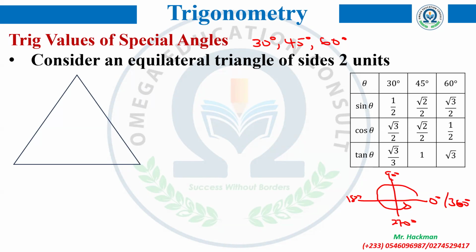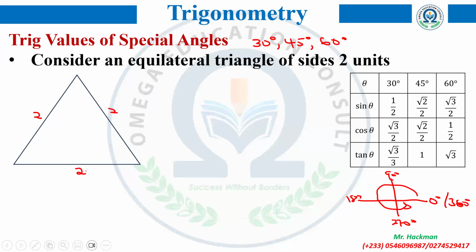So quickly, let's look at two of the three angles, which will be 30 and 60 degrees, not the first two. If I say the first two, that really means 30 and 45. With this one, we are looking at an equilateral triangle of size 2 units. So this equilateral triangle has this side 2 units, this 2 units, and this 2.